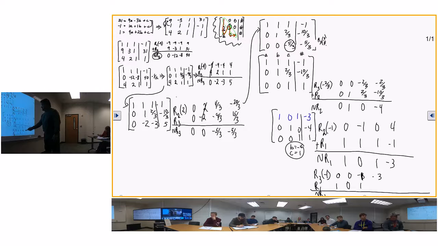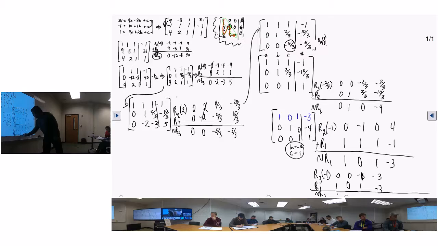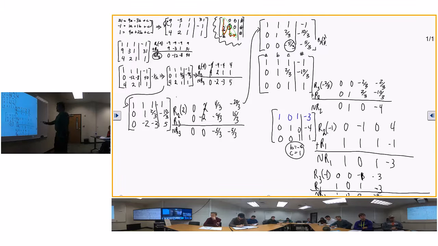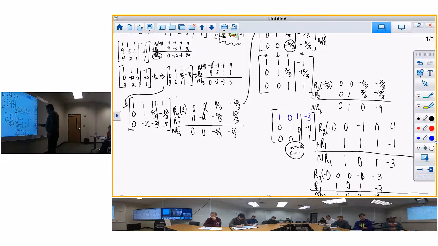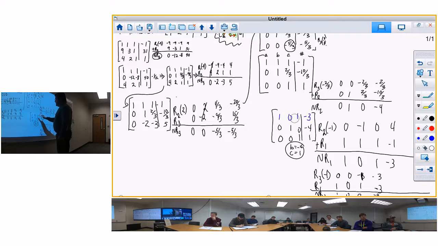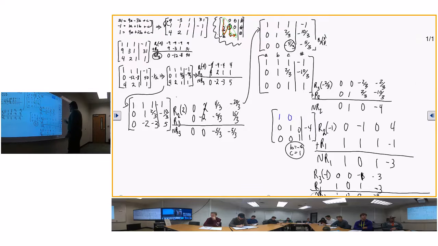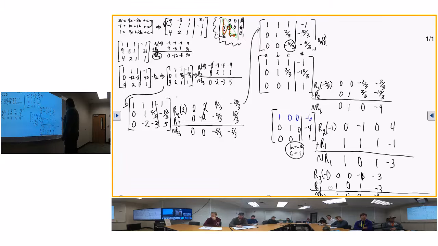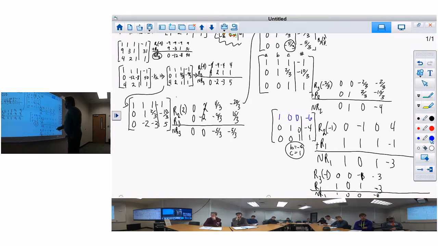And I just got to find where I was. 1, 0, 1, and what? -3? And that's going to give me 1, 0, 0, what? -6. So I'm going to change my top row now to 1, 0, 0, -6. So now, what is A?